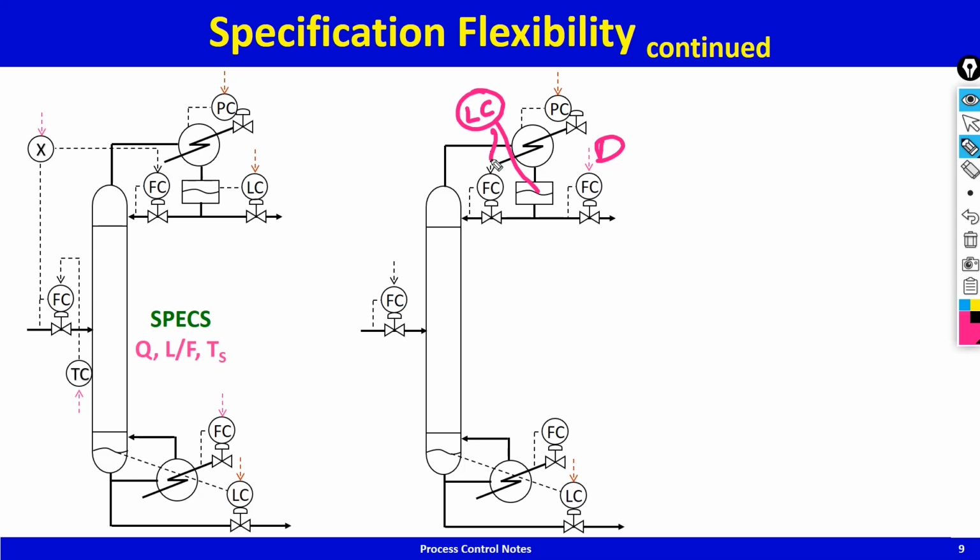Well, the light material accumulates at the top of the column. If this level goes up, what should I be doing? I should be taking it out. But I can't take it out because this distillate is fixed. So if this level goes up, I should be bringing in less feed. That's what should be happening.